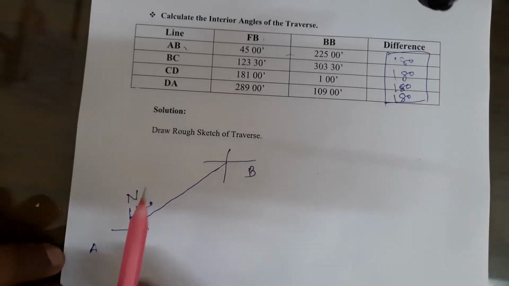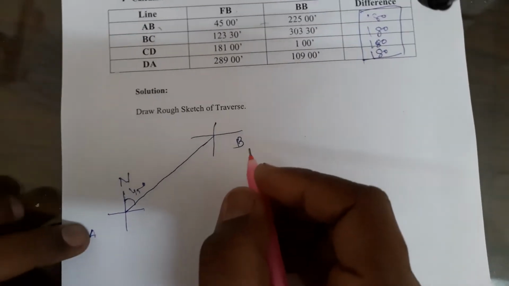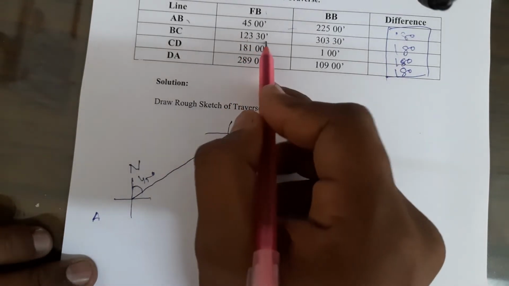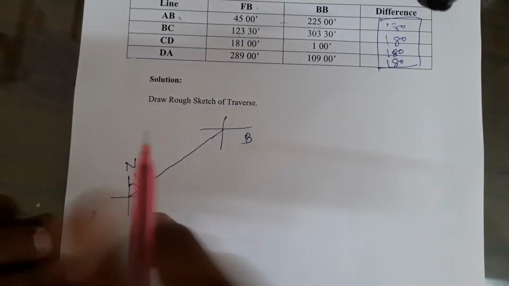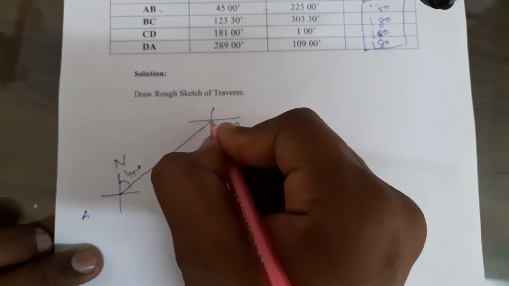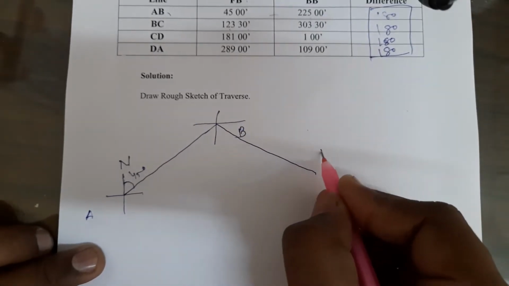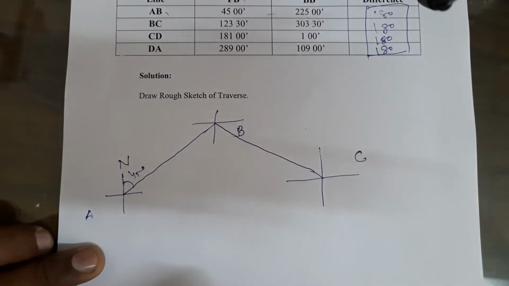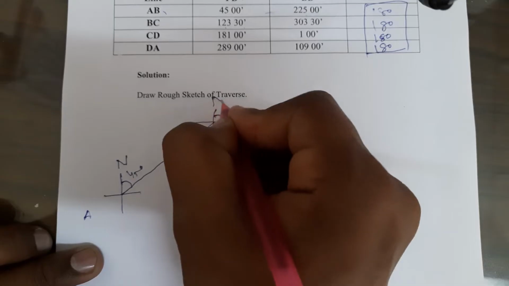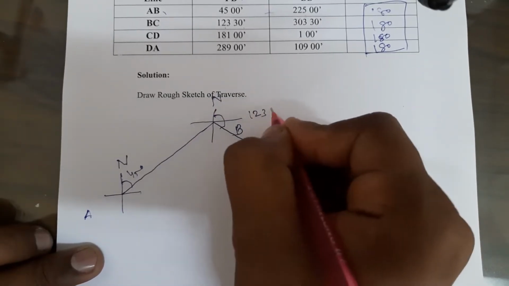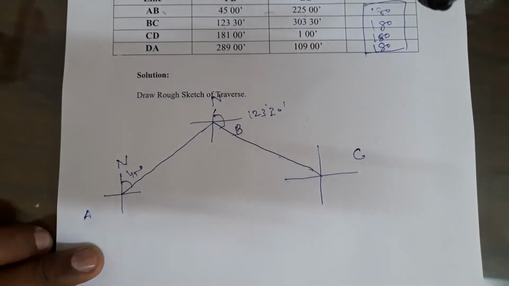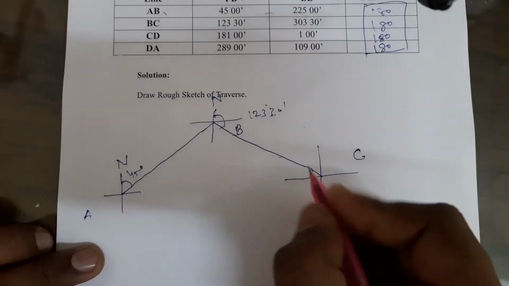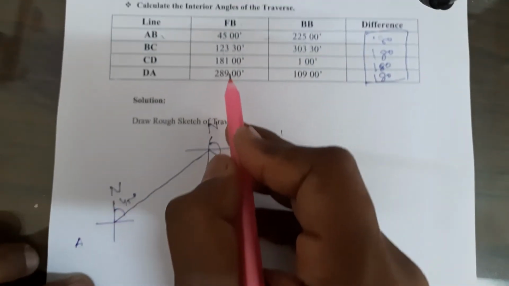Now the forebearing of line BC. 123, so it is in the second quadrant. This is the C point, and this angle from the north direction is 123 degree 30 minutes. Then from C to D, 181 degree means it is in the third quadrant.